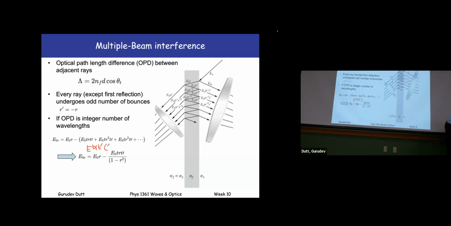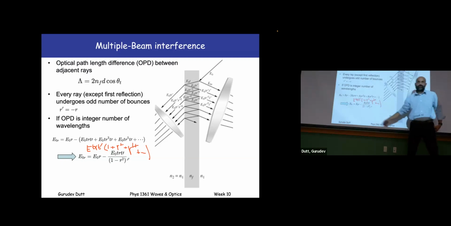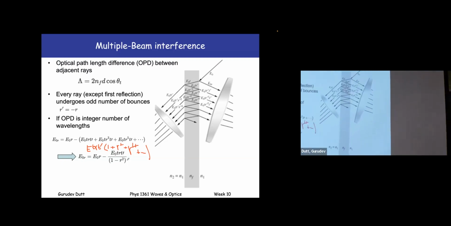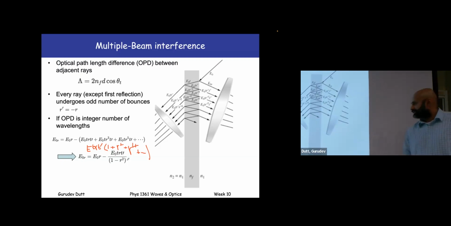And so this is just 1 plus r squared plus r to the 4 plus an infinite series, and that is essentially 1 divided by 1 minus r squared. It will converge to that as long as the magnitude of r is less than 1. Okay, so that is the geometric series. So that is just that result over there.